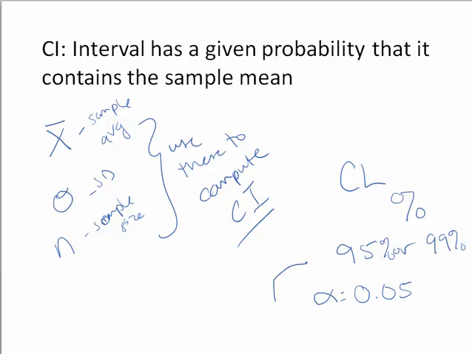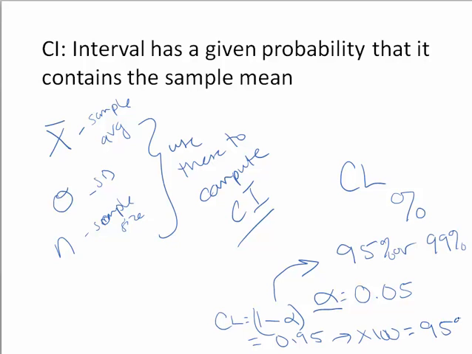So you can see that we can compute our confidence level based off of our alpha by simply subtracting alpha from 1. So in this case, we get 0.95. And then we just put this into a percentage by multiplying it by 100, and it becomes 95%. Similarly, with 99%, we have an alpha of 0.01.